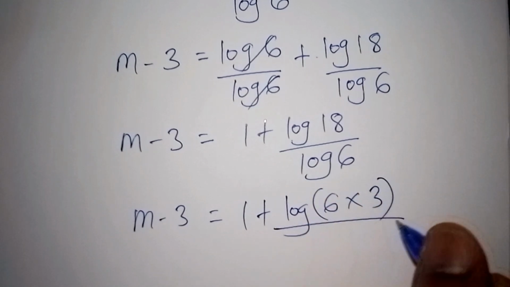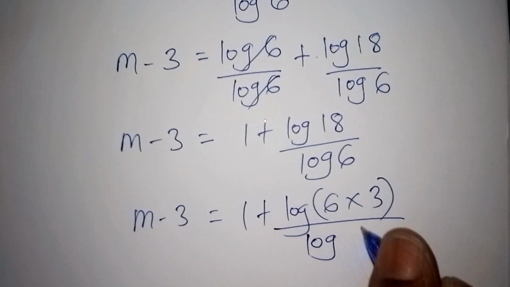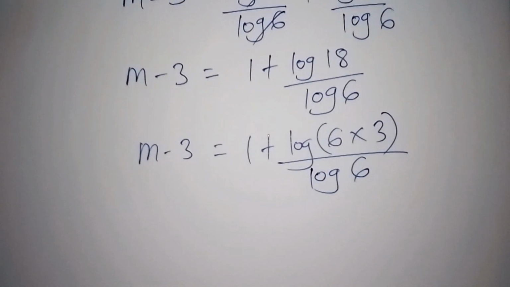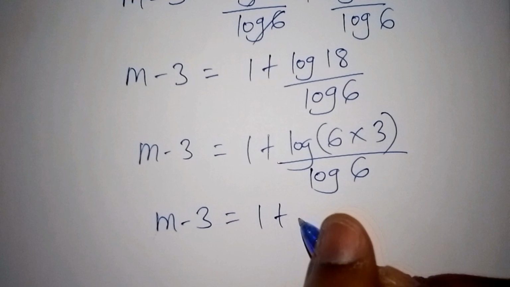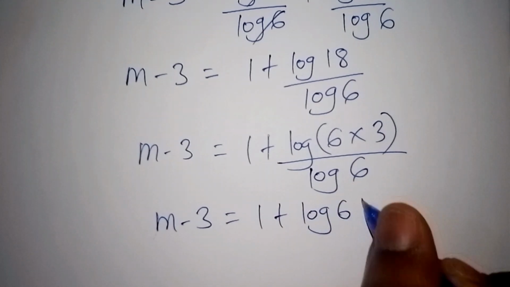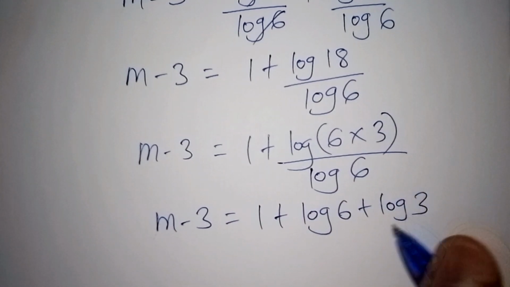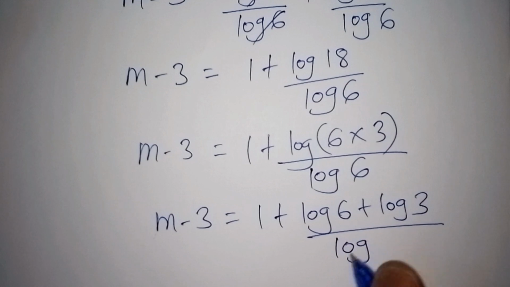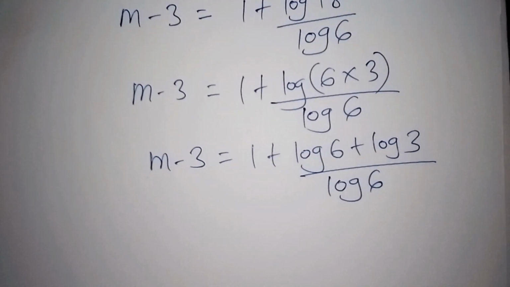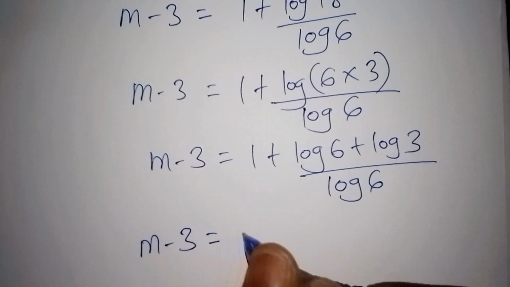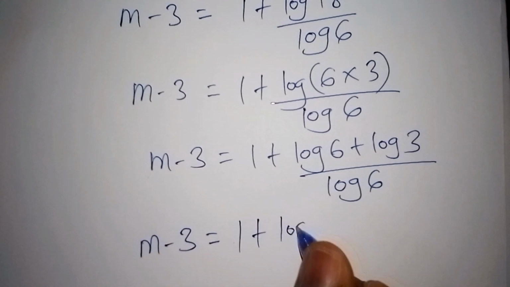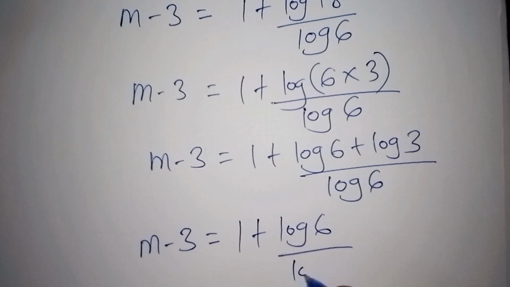So m minus 3 is equal to 1 plus the log of 6 plus the log of 3 all over the log of 6, by following the law of logarithms. So now m minus 3 shall be equal to 1 plus the log of 6 all over the log of 6.